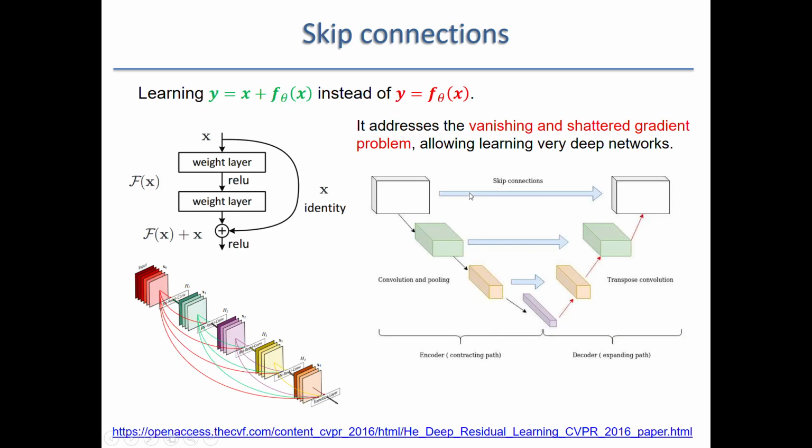So typically neural networks learn y as a function of x, and here theta are the weights. So why not learn y as a function of x plus some function? That means that we are saying y should be similar to x plus some modification. We have to learn this modification, or this residual. So our blocks now will look like this.